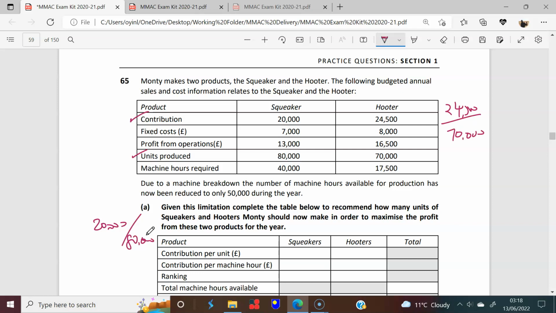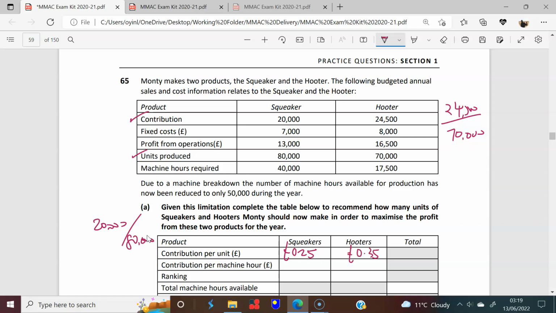So we have 0.25 here, and here we have 0.35.